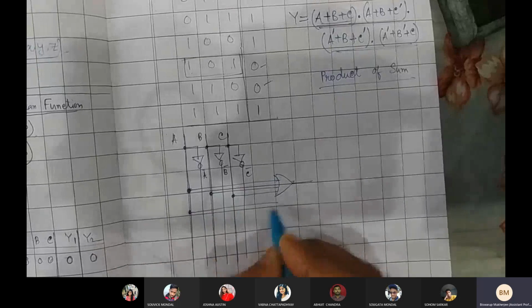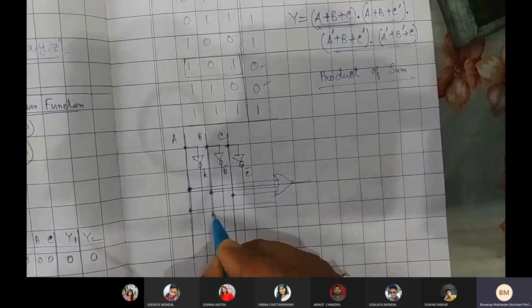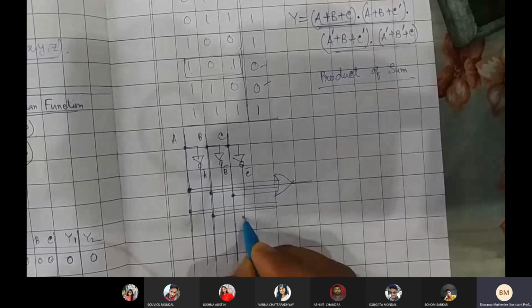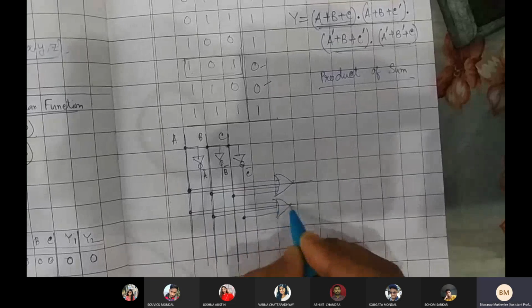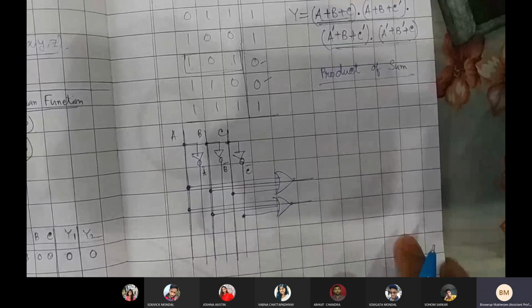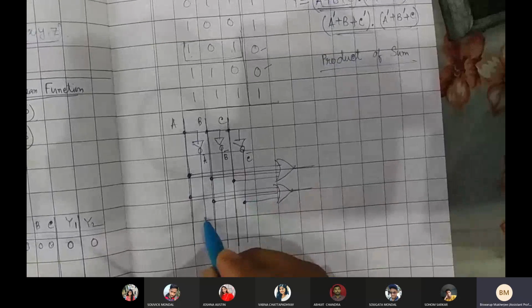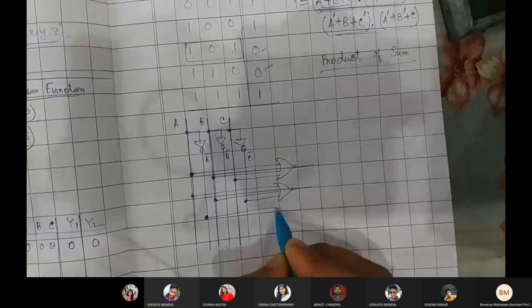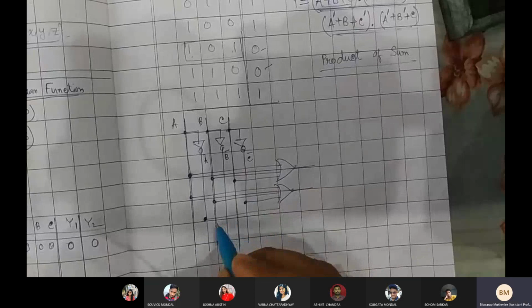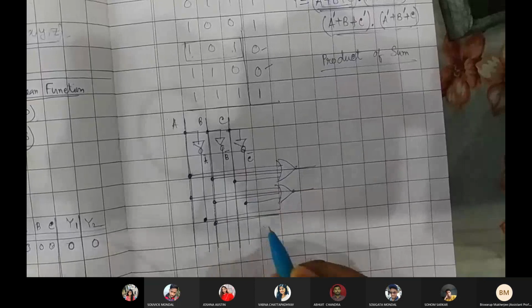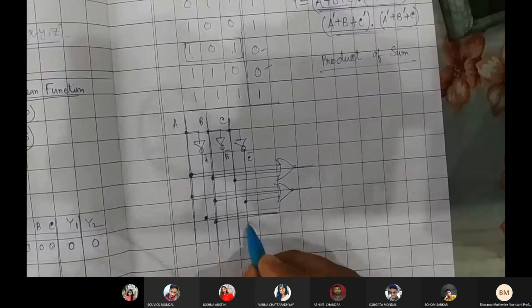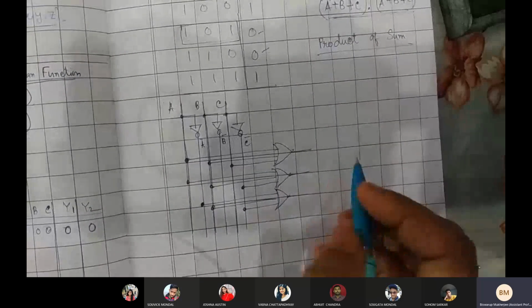So again the same A plus B plus C bar, again another OR, followed by A bar plus B plus C bar, A bar followed by B followed by C bar, right? Going for another OR, finally A bar plus B bar plus C.